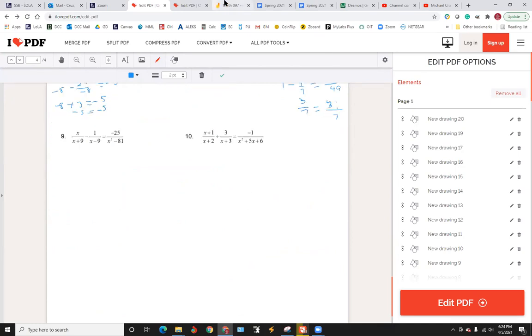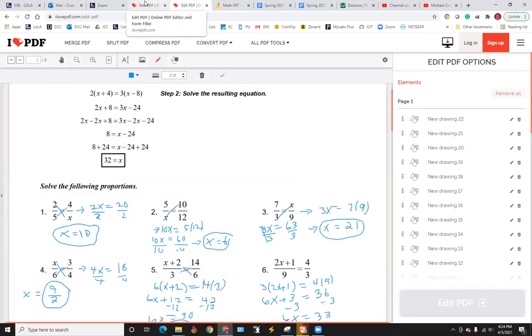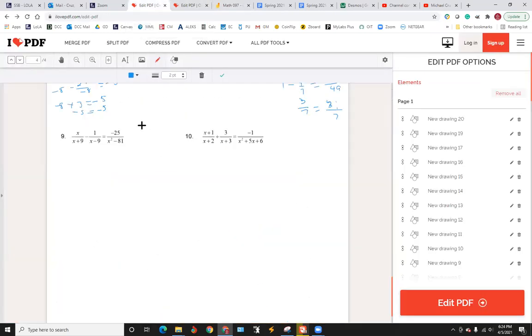I've got it over here. This one worked out for the most part. So see if you can do 9. I'll give you a couple of minutes. And this one right here is just x minus 9, x plus 9.